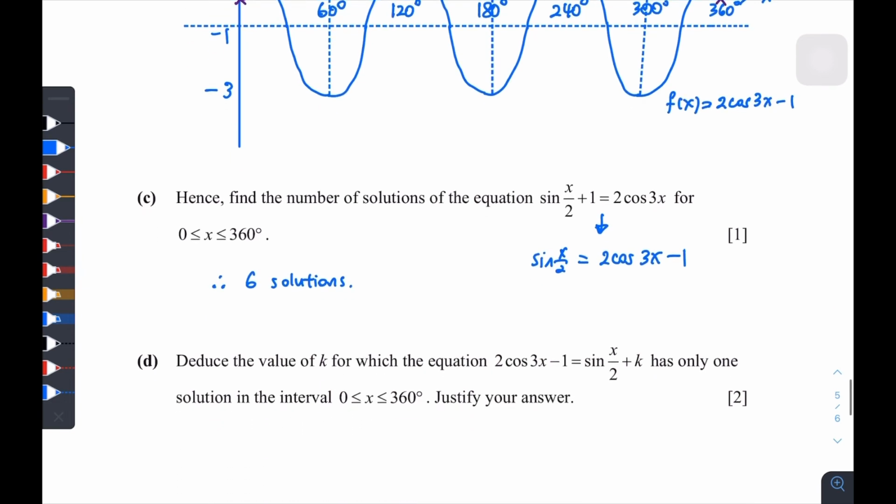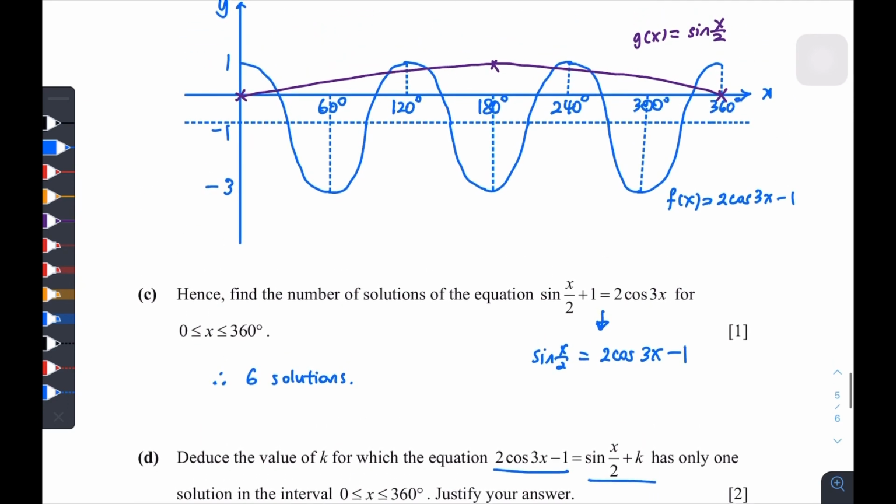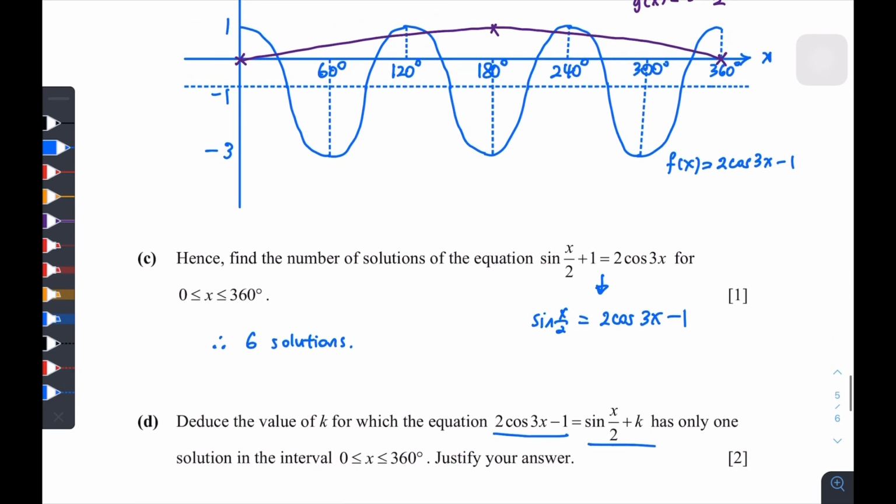Okay, this one is the interesting part. Deduce the value of k for which the equation 2 cos 3x minus 1 equals sine x over 2 plus k has only one solution in the interval 0 to 360 degrees. Justify your answer. So what does it mean?